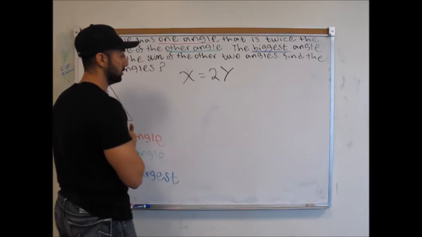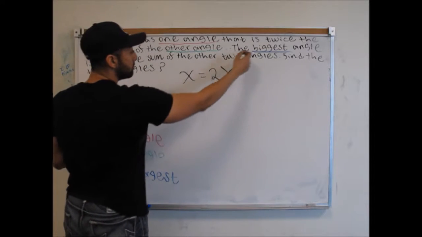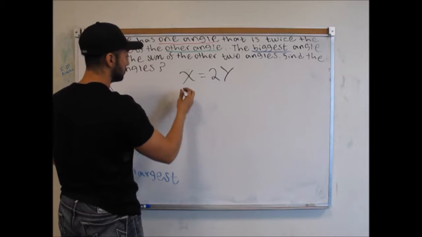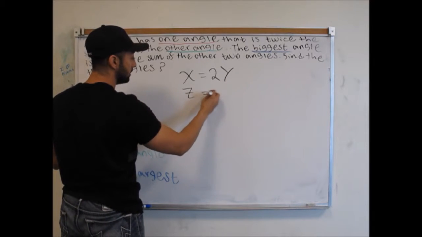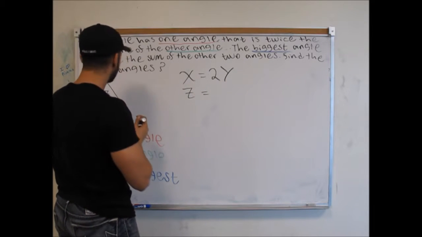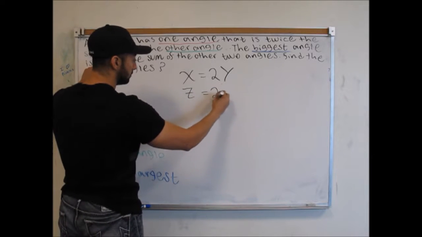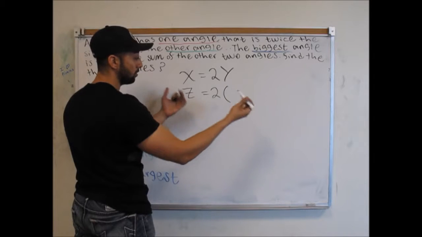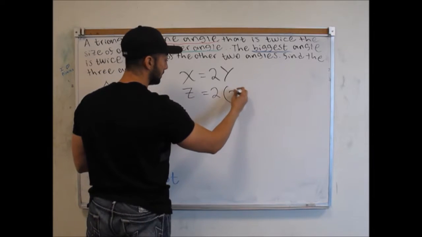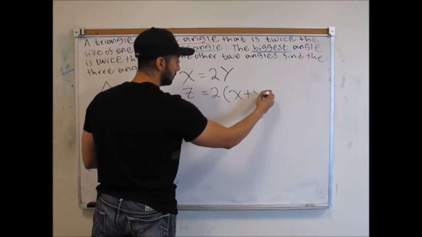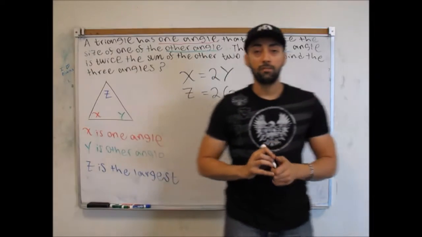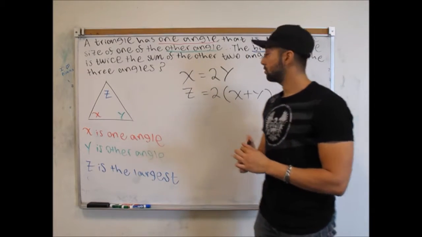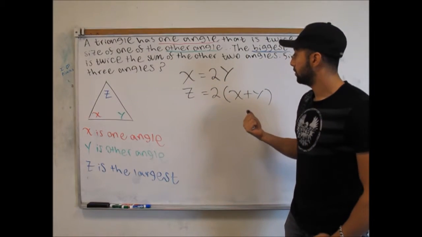So there's one of our equations. Then it says the biggest angle is, and our biggest angle we declared as z, twice the sum of the other two. The only other two angles remaining are x and y. Based off the wording, these are the two equations that I came up with.